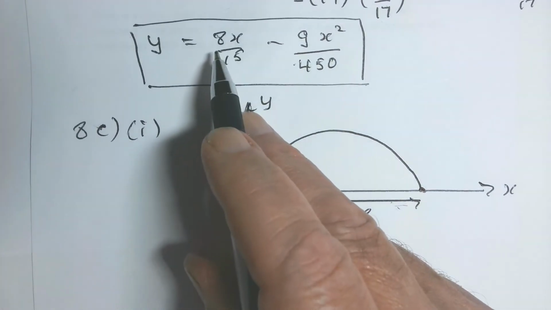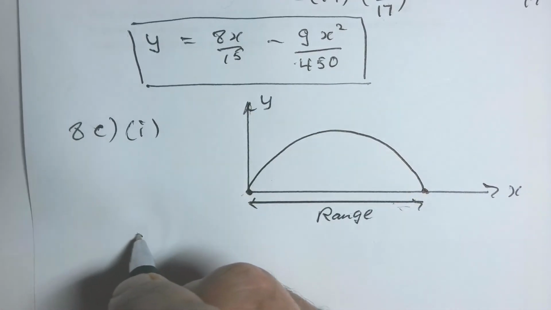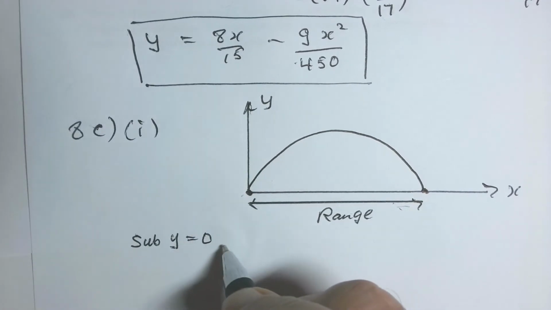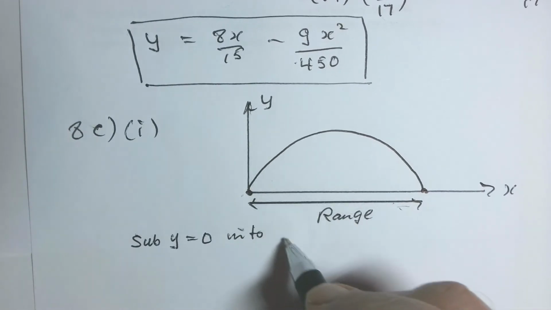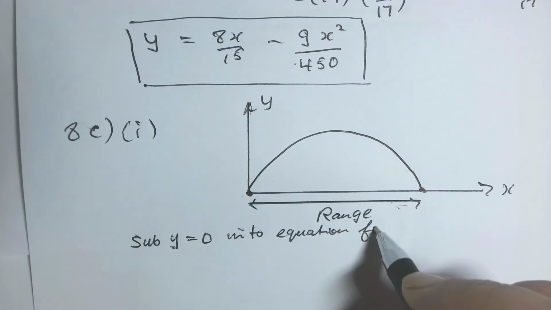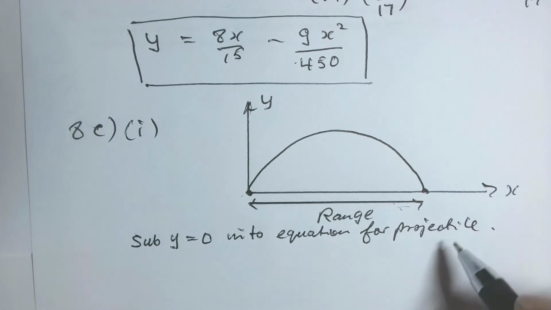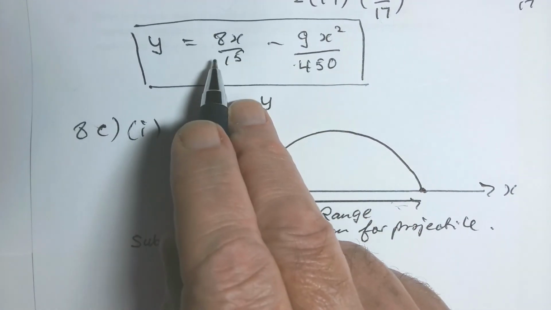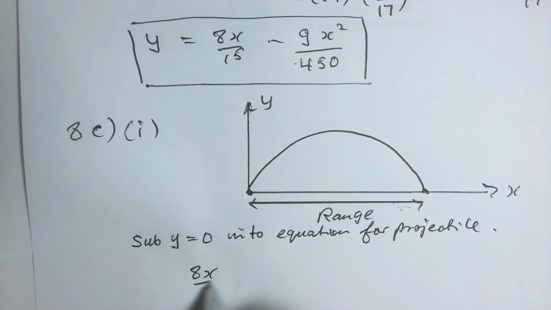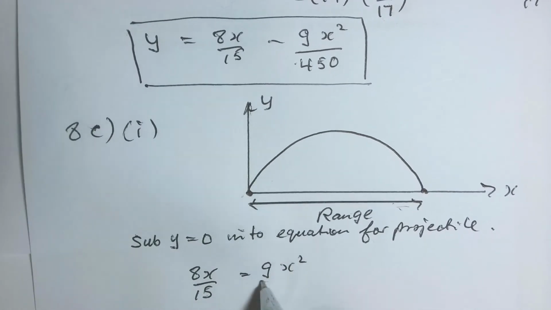So I'm going to substitute y equal to 0 into the equation for the projectile, and we get 8x over 15 is equal to gx squared over 450.